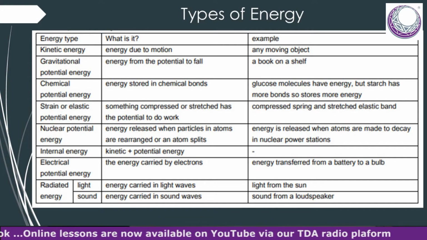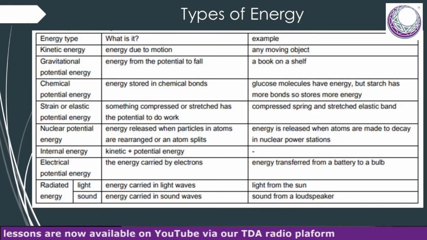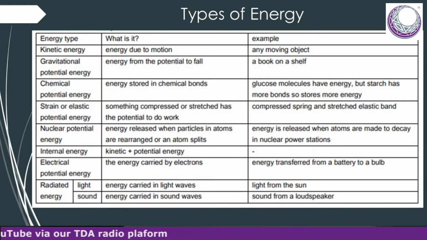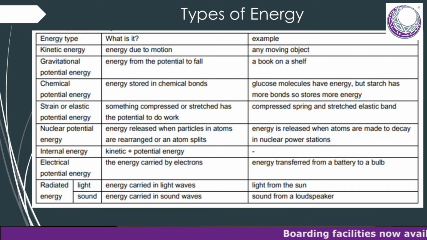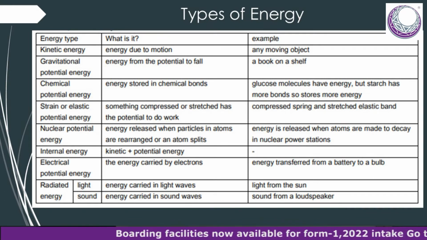We also find this in other chemical substances. Then we have strain or elastic potential energy, which is energy we find in something which is compressed or stretched. Your elastic bands and springs have this energy, elastic or strain energy.